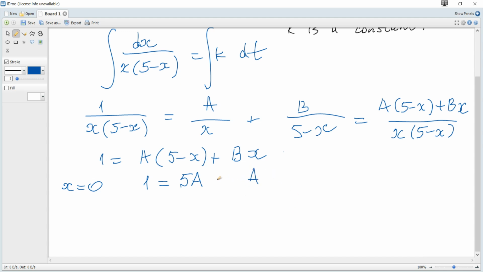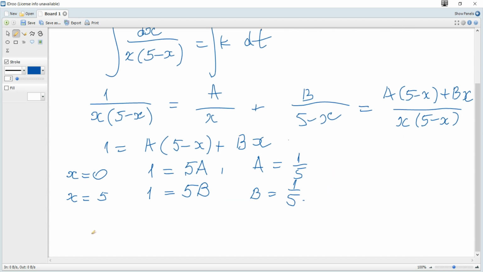So a is 1 over 5, and let x be 5 to get 0 here, and we get 1 is 0 plus 5b. So b is also 1 over 5.